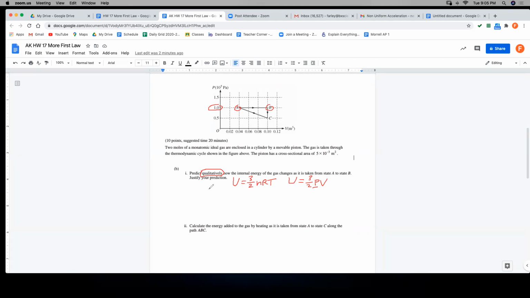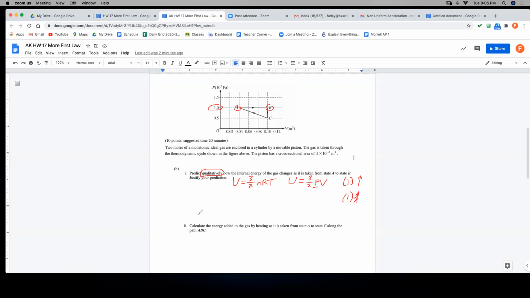That's 1 point for saying it increases, and then 1 point for justifying: U is 3/2 nRT, and so also 3/2 PV. So if PV increases, then the internal energy increases. That's the second point for justifying.